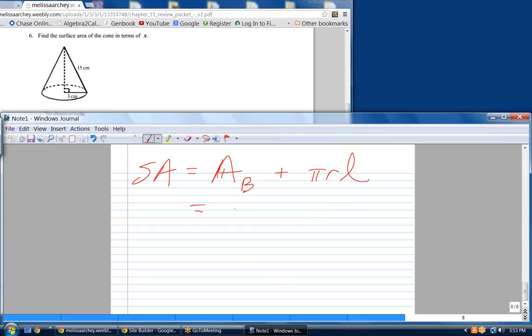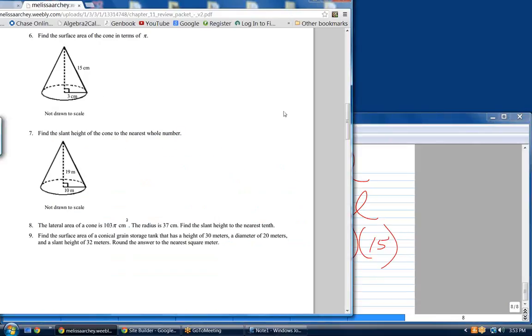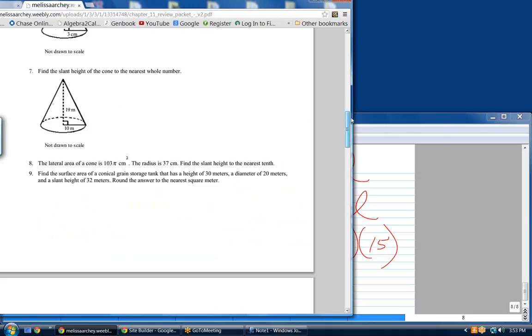So the area of the base is pi r squared plus pi r lambda, and that's pi times 3 squared plus pi times 3 times 15. So then it's just do the arithmetic.